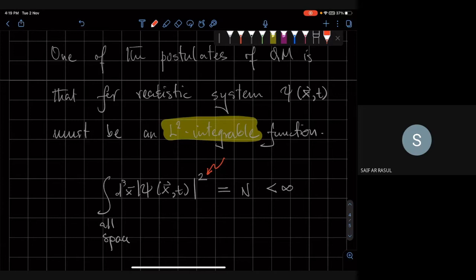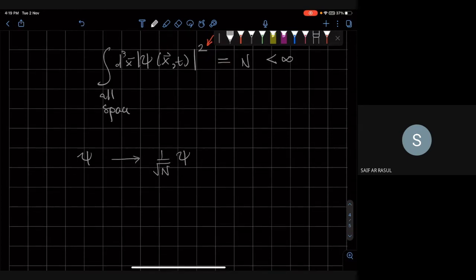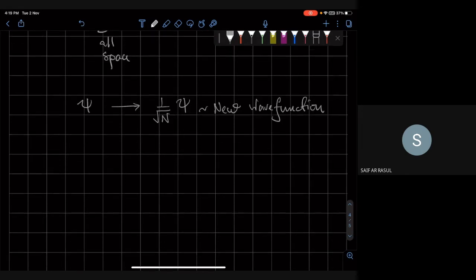Okay. So if this is true, then we can always replace our wave function psi by 1 over square root of n times psi. And this new wave function will be normalizable, right?